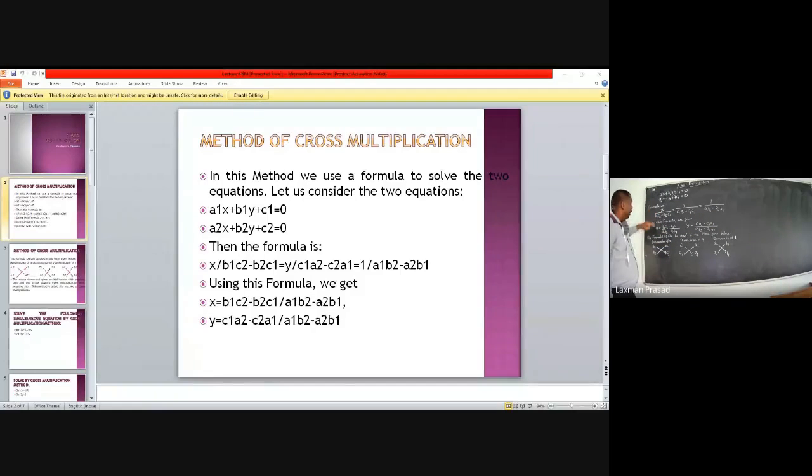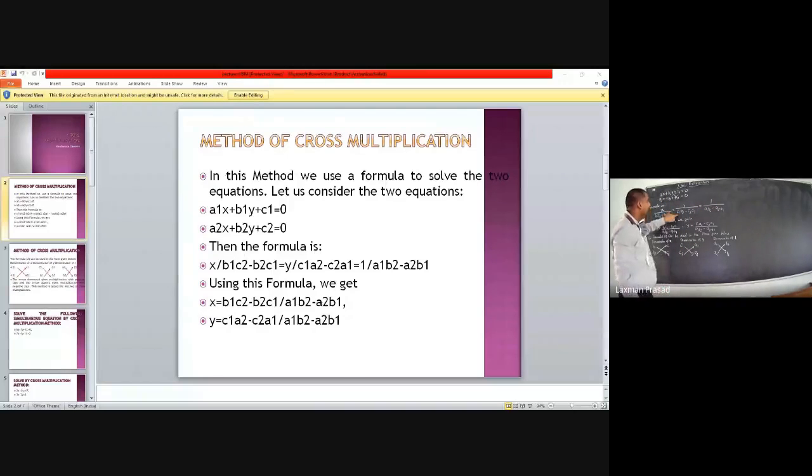Okay, so using this formula we get the value of x is b1 c2 minus b2 c1 divided by a1 b2 minus a2 b1. In the same way, to find out the value of y, cross multiply into 1.